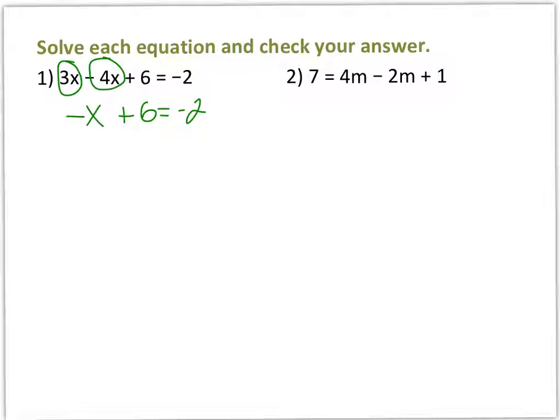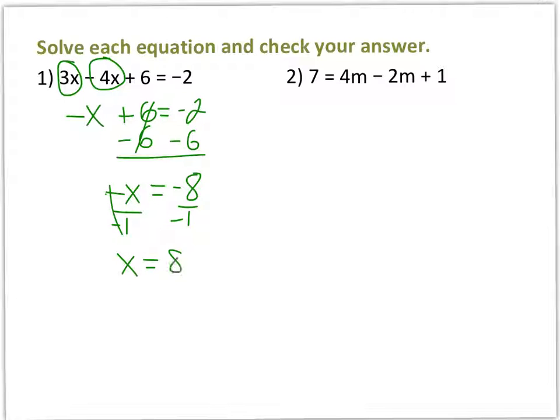Okay, now our equation is just like the last lesson, solving two steps, right? Subtract 6. So you have negative x equals negative 8. And then to solve for x, you can divide or multiply by negative 1, because a negative divided by a negative is a positive. So negative 8 divided by negative 1, positive 8.